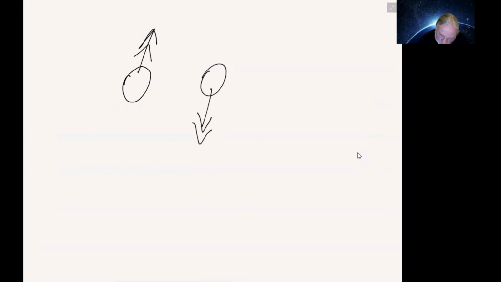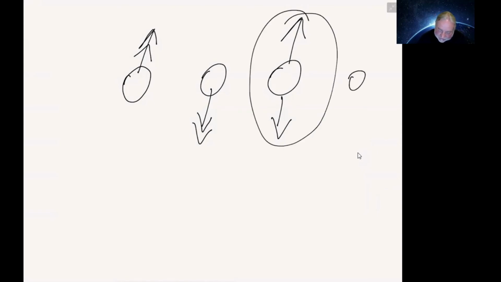Sometimes they can both be pointing down. And sometimes it can be one up and one down. And this is really great when it comes to quantum computing, because we can take this to be a 0 and this state to be a 1. And fortunately, we can now manipulate them to put them into state 1 or 0, and to be able to read them in state 1 and 0.